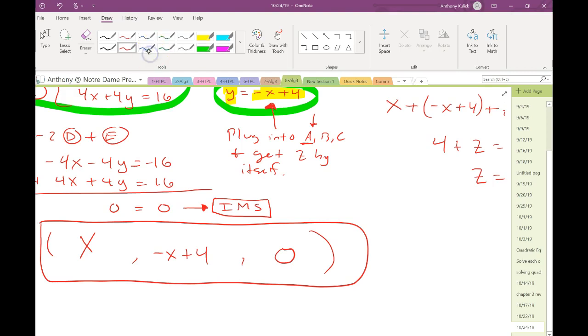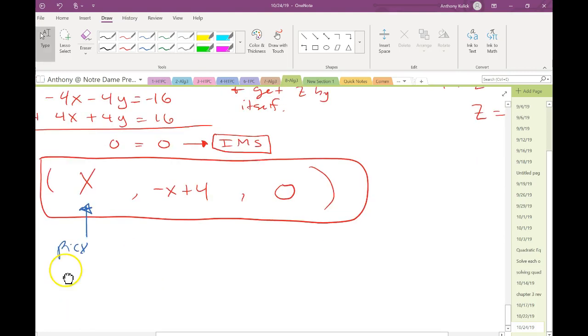So basically what we're going to be able to do is pick any value you want for x. Say we say x is 1. What that tells me then, y would be negative 1 plus 4, or 3, and z always would be 0.